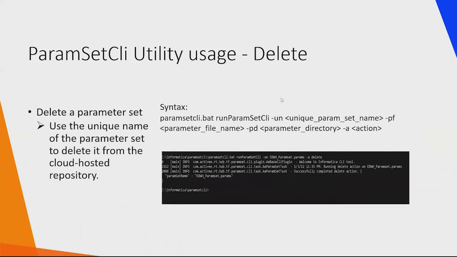And then there is a delete option as well with this utility. If you want to delete an existing parameter set which is already uploaded in the cloud hosted repository, you can do that by passing the parameter set name and then passing the option as delete. This is going to delete that from the cloud hosted repository.